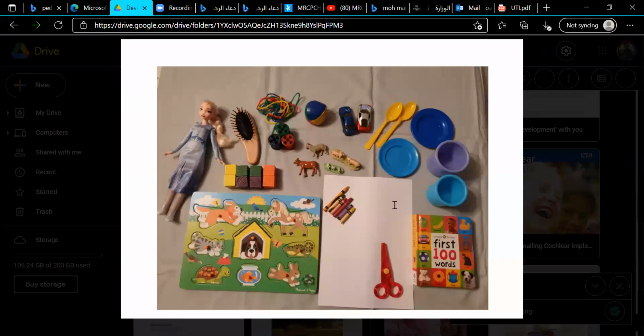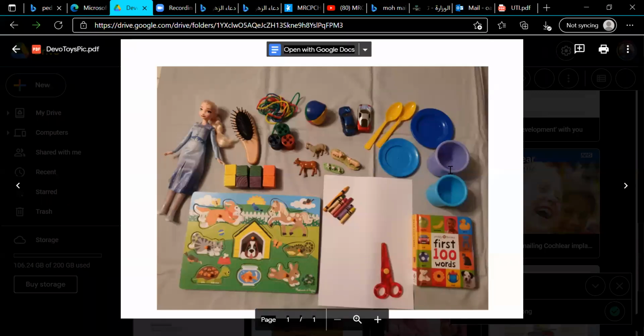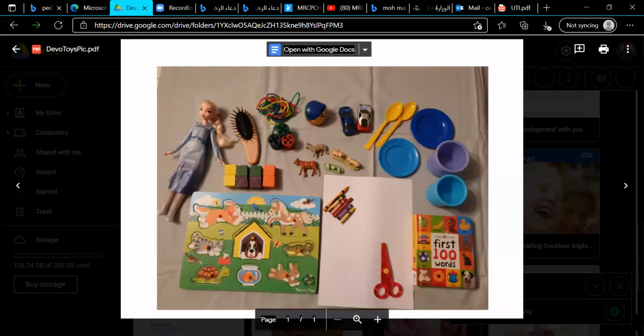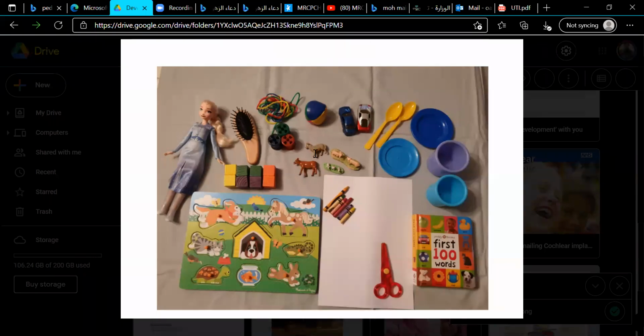So this is the picture. It will be a toy cup, spoons, picture book, scissors, paper, crayon, wooden puzzle, doll, brush, cubes, thread and ball, animals, toys and cars.